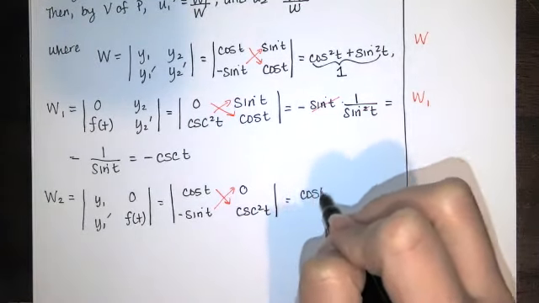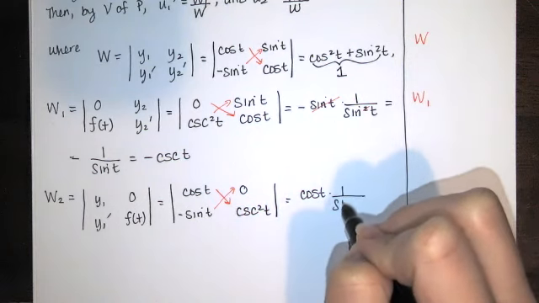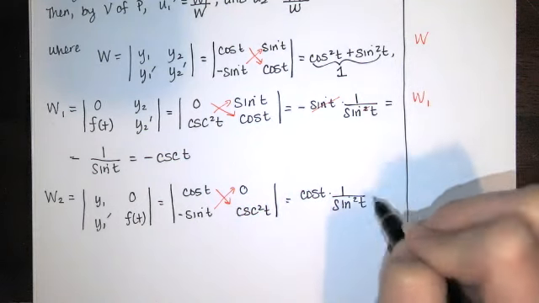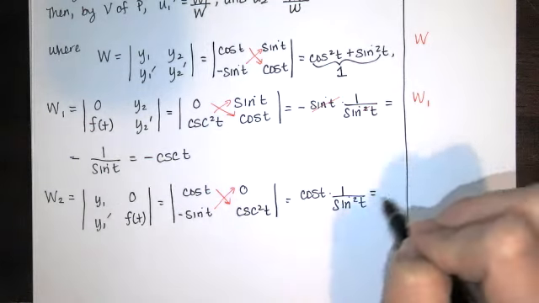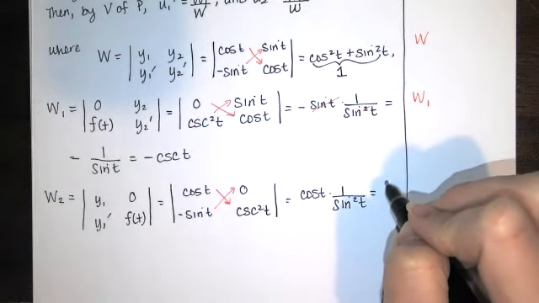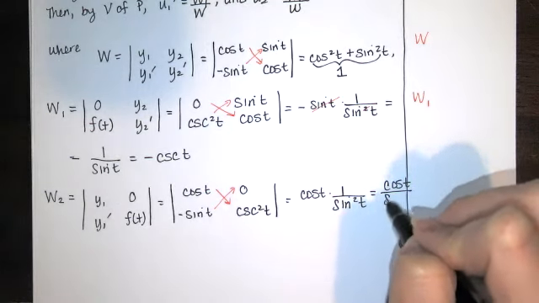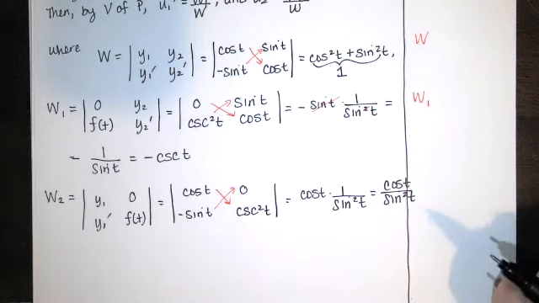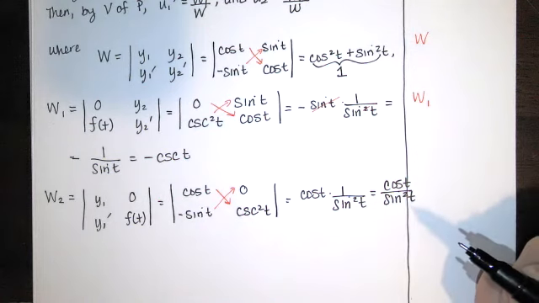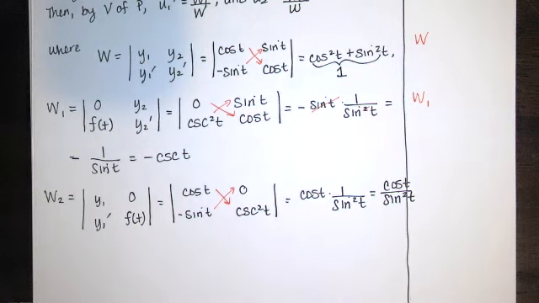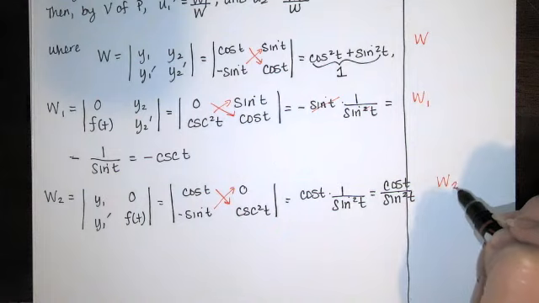So cosine of t times 1 over sine squared t. You can write that as cosecant squared t, but I would rather write it as cosine of t over sine squared t. I think that'll be easier to anti-differentiate, or at least rearrange. So that is our w2.